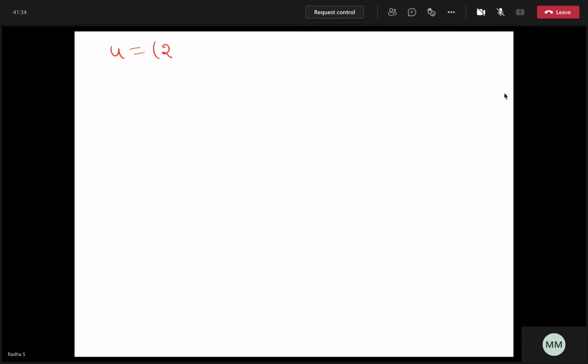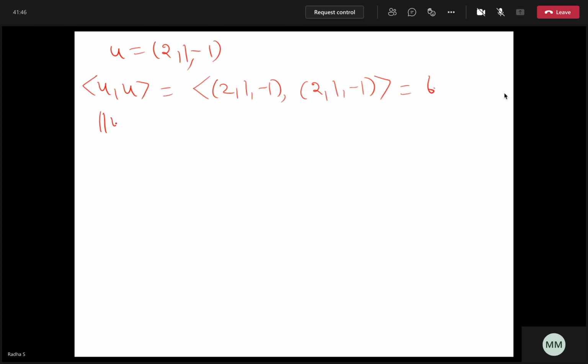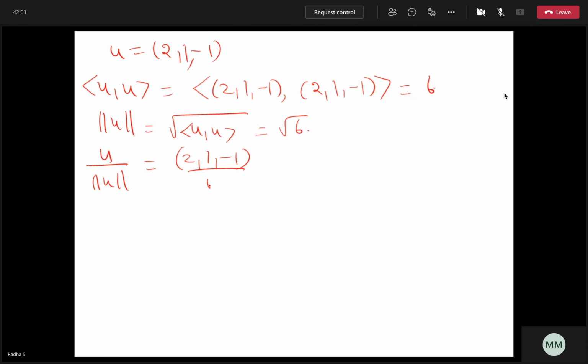u is equal to 2 comma 1 comma minus 1. So the inner product of u comma u is 6. Norm of u is root of u comma u, that is root 6. So u divided by norm u is 2, 1, minus 1 divided by root 6: 2 by root 6, 1 by root 6, minus 1 by root 6.